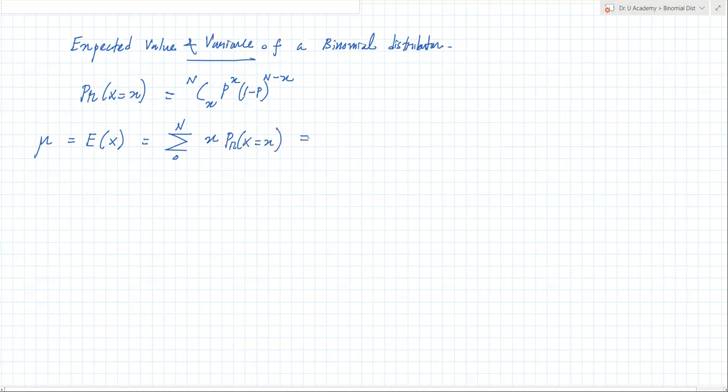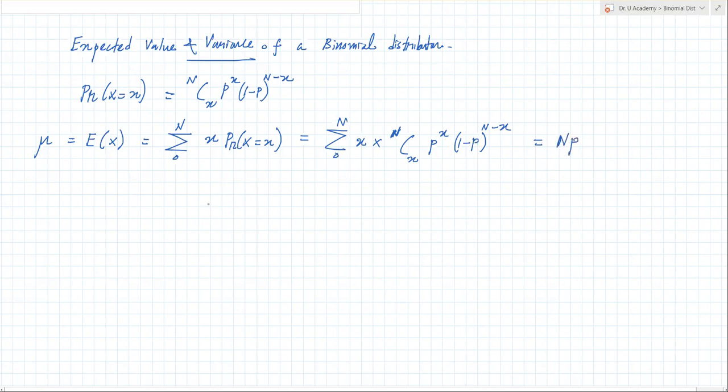So essentially x times this humongous thing you have to put here, nCx p^x (1 minus p)^(n minus x). Now, how to simplify this in general? You don't have that in our syllabus. But the final result is important. The final result of this one is n times p.